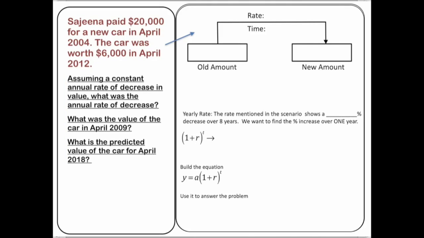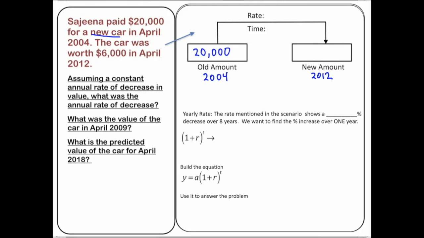So the old amount that she paid, now remember, new doesn't mean the new amount all the time for a new car. Okay, it was new in 2004. Okay, and then we are looking at going over to 2012. Okay, those amounts. And so we have the old amount was $20,000.